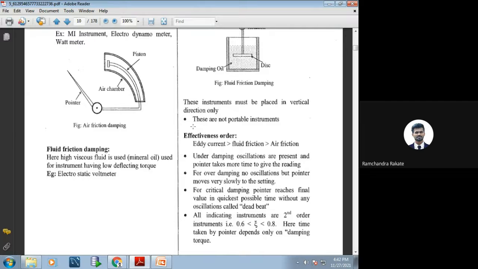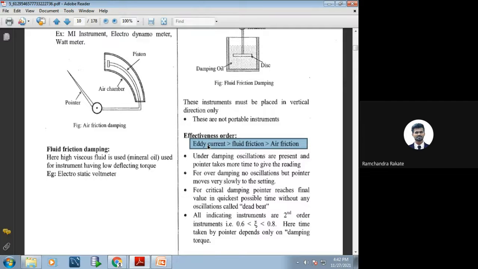Next, there will be the question: which one is more suitable and which one is less? That is called the effectiveness order. If you summarize, eddy current is on the top, then fluid friction, and then air friction.